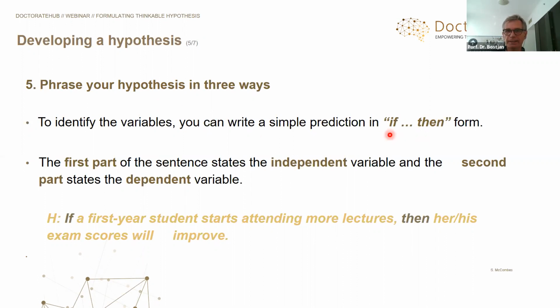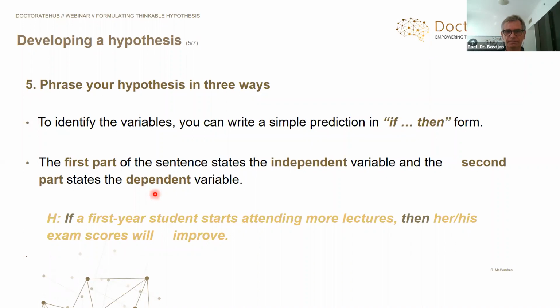The first one is that you say simply if-then. So you're predicting that if that occurs, something will happen. The first part will usually talk about the independent variables, and the second part, the then part, will describe the outcome and is linked to the dependent variable.